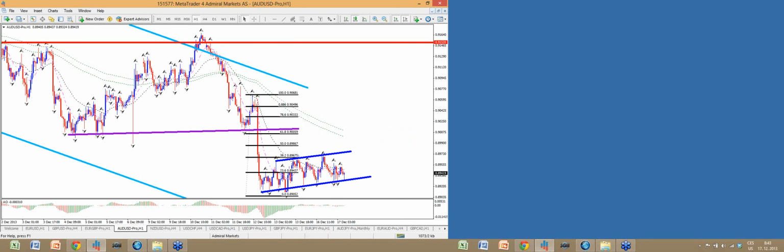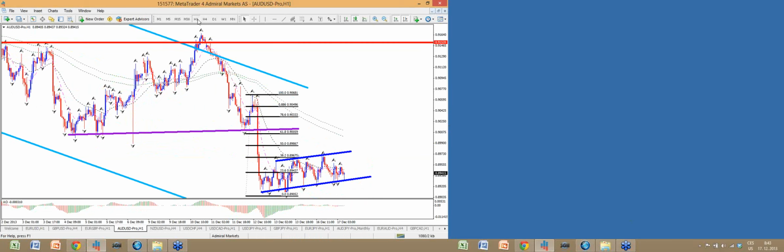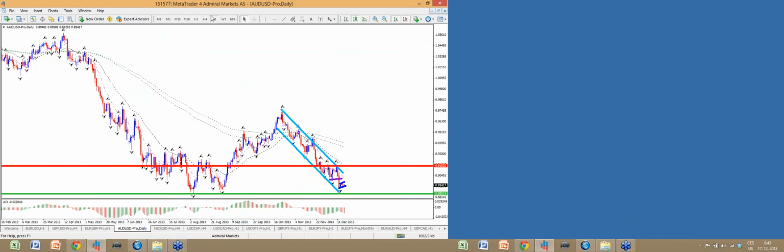From a technical point of view, 61.8, all these fibs, potential retracements, and bouncing spots for downside continuation. $91.50 also, these are the daily tops right in here.